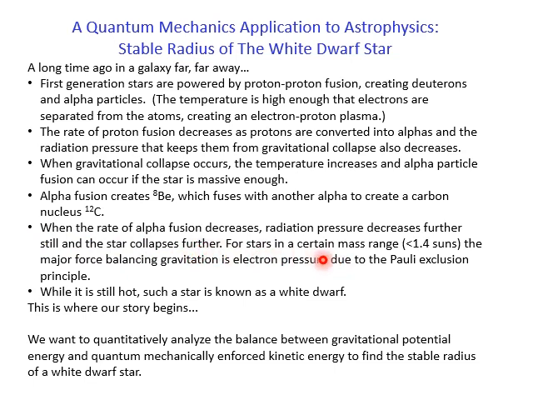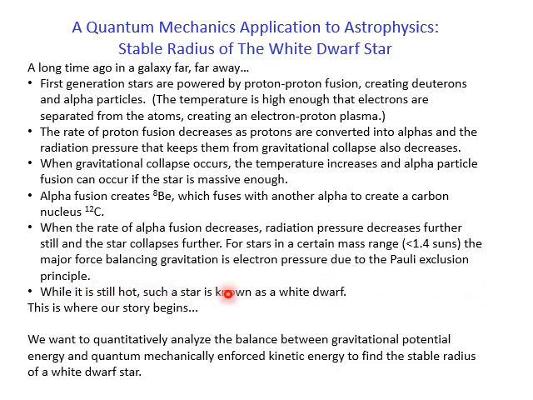For stars in a certain mass range, that they're light enough that the gravitational collapse is not complete and it doesn't push electrons into protons to make neutrons, which is less than about 1.4 solar masses, then the major force that ends up balancing gravitation, keeping it from collapsing, is that electron pressure due to the Pauli exclusion principle, or degeneracy pressure.